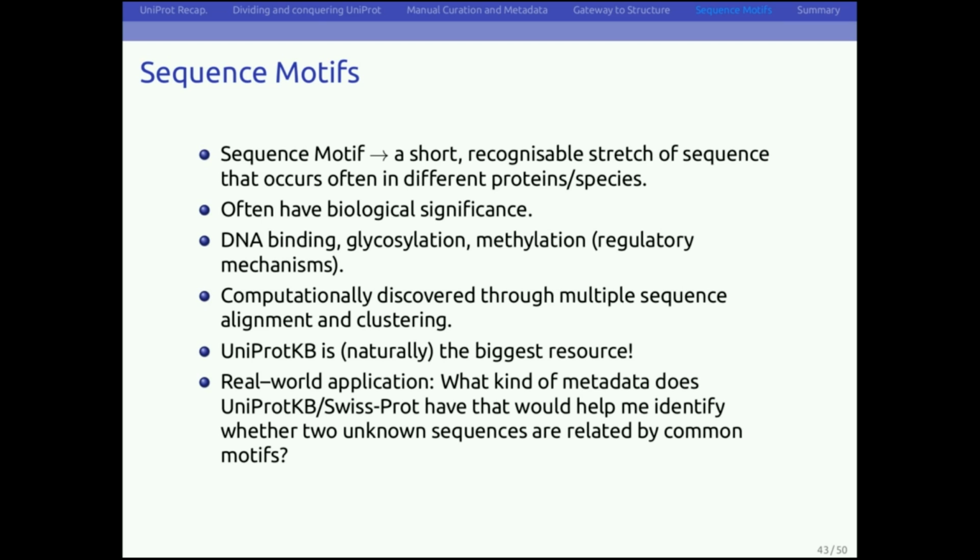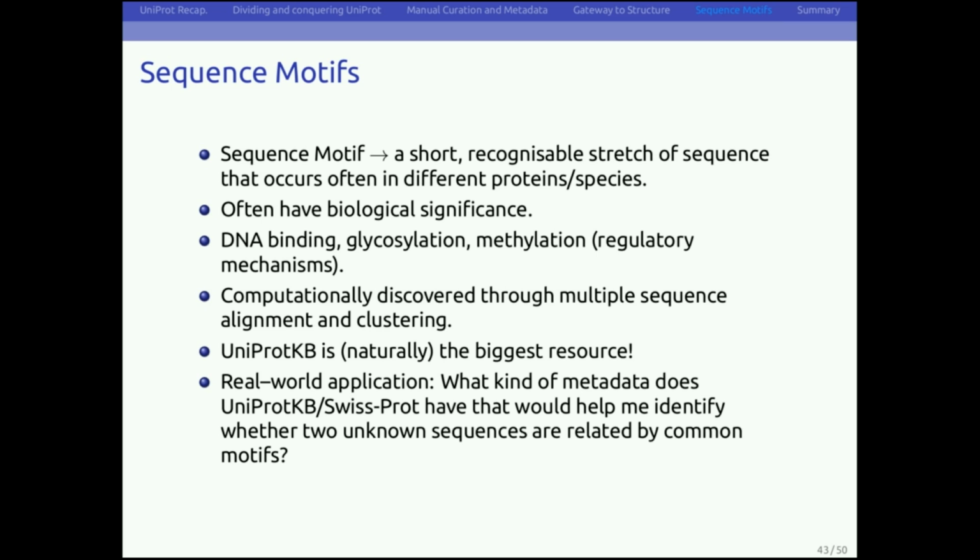What I want you to think about here is spend some time on the UniProt website and see what kind of metadata we have that could maybe tell us something about the sequence motifs that are present in a particular sequence or in a set of two sequences. But think of what other metadata we could look at besides the sequence motifs themselves, okay?